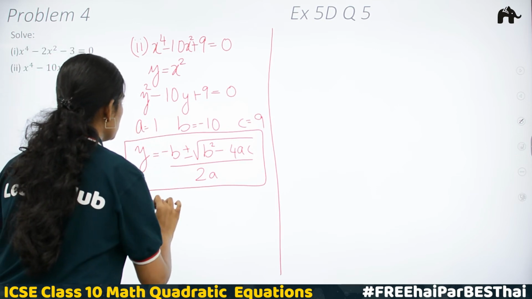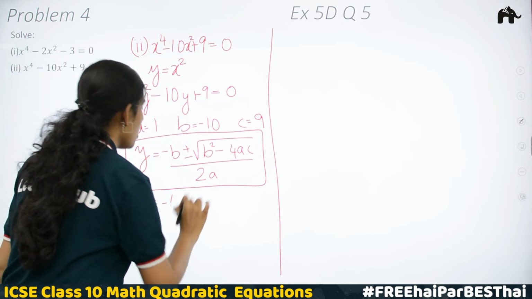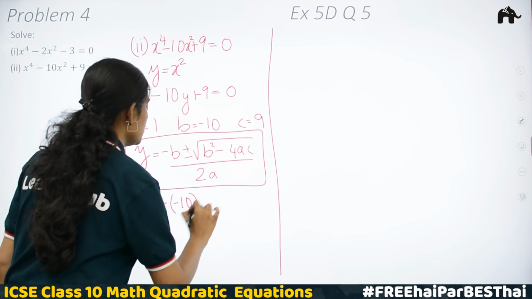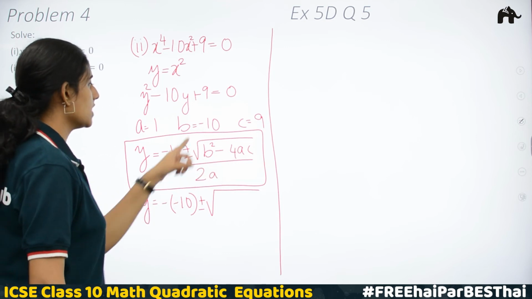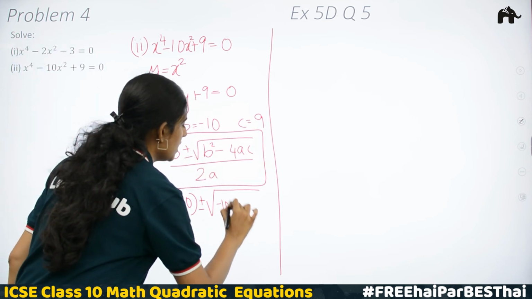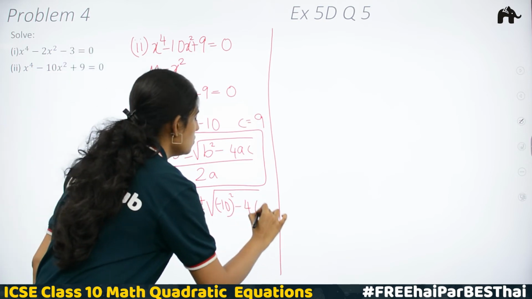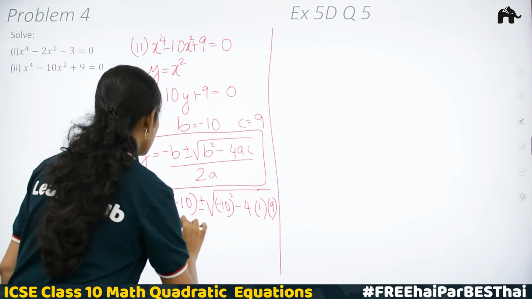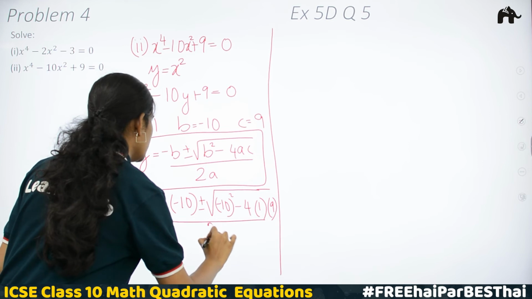So, y is equal to, substitute, minus b, minus of b is equal to minus of minus 10 plus or minus root of b square minus 4ac, minus 10 square minus 4 into 1 into 9 divided by 2a. A is equal to 1, divided by 2.